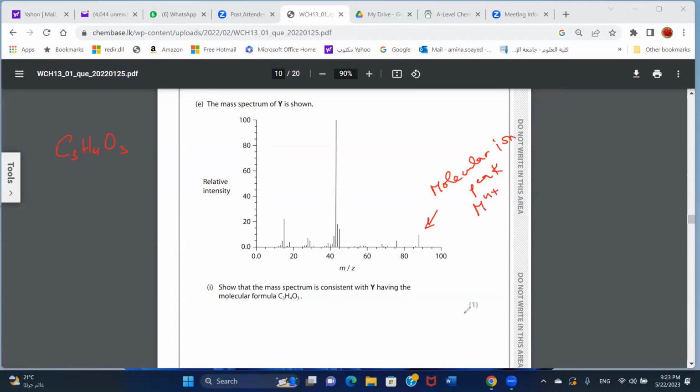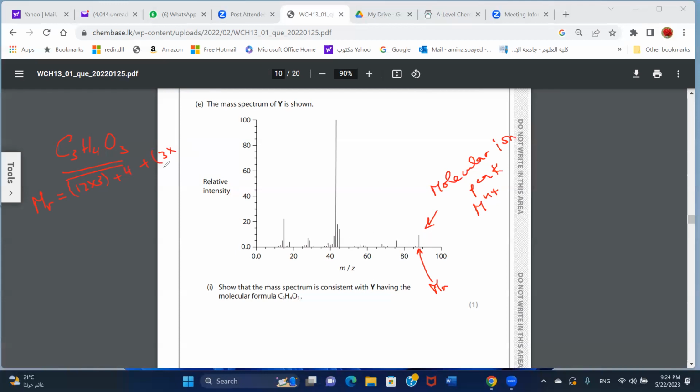It's the MR of the compound. Yes, excellent. We get the molecular mass of the compound, the MR of the compound. That's what they want you to say. If you calculate the molar mass of the C3H4O3, what do you get? 12 times 3 plus 4 plus 48, you get 88.